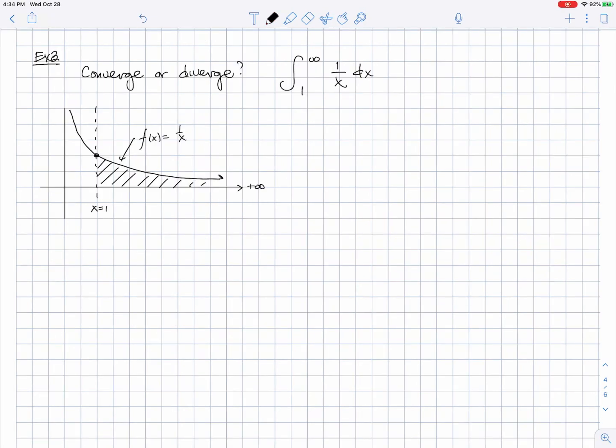All right, let's take a look at one more type 1 improper integral for today. The integral from 1 to infinity of 1 over x dx. Does this converge or diverge? This one's also pretty straightforward in terms of its mechanics.